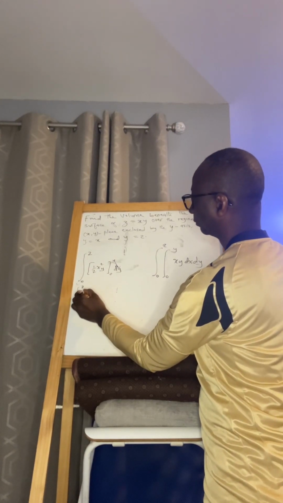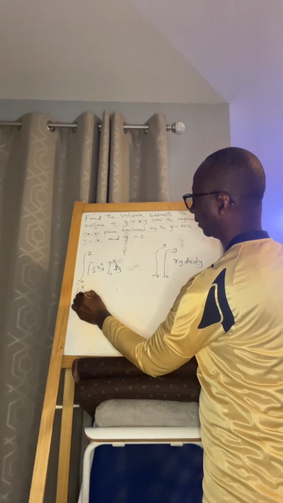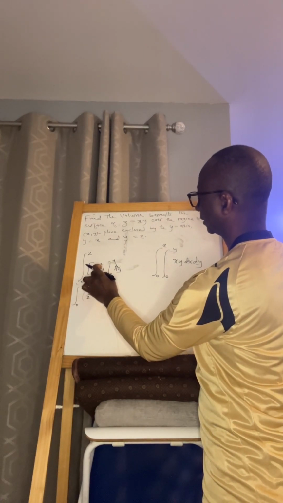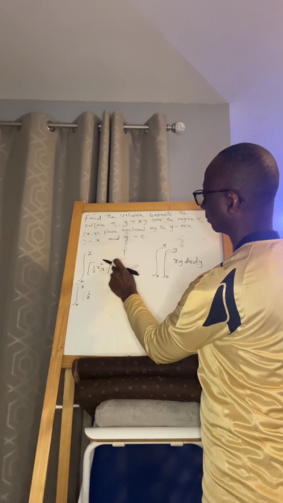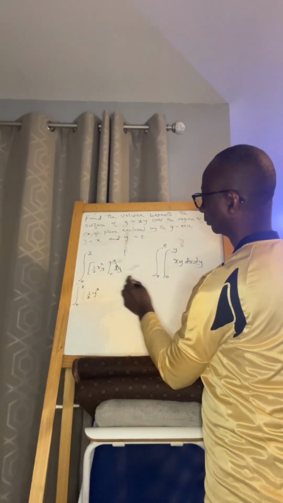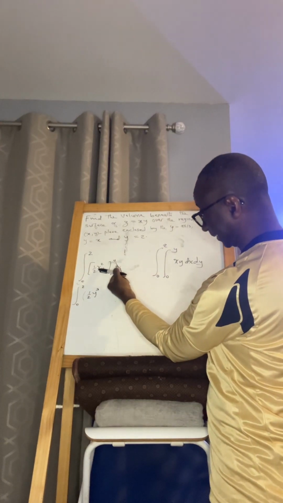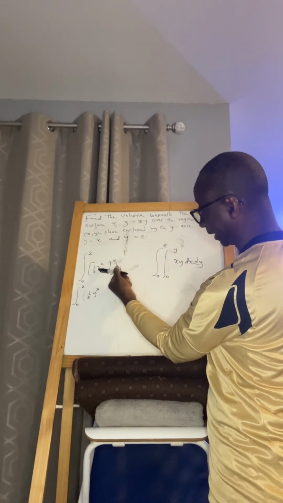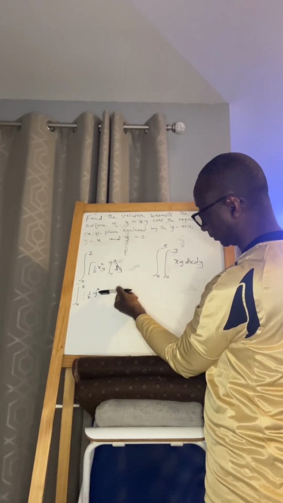You have 1/2 x squared, now replace x by y, so you now have y squared times y, which is y cubed.